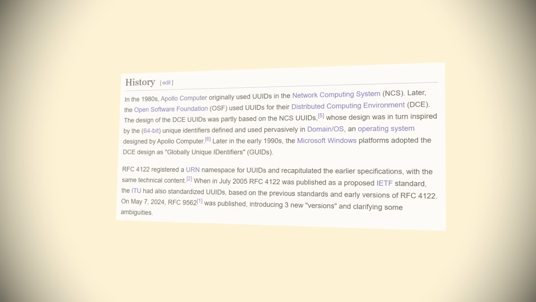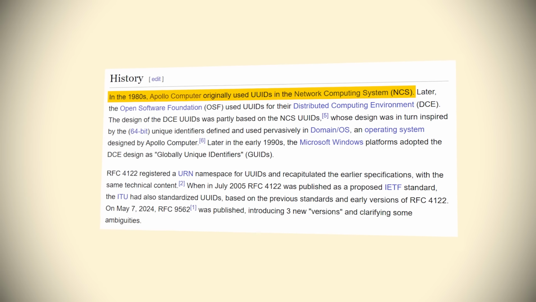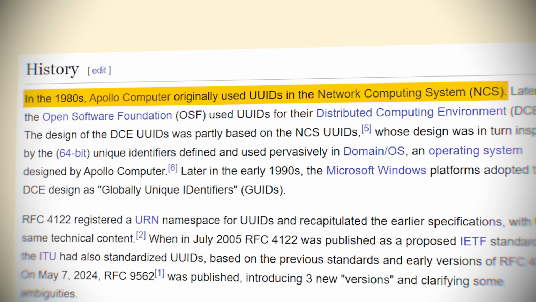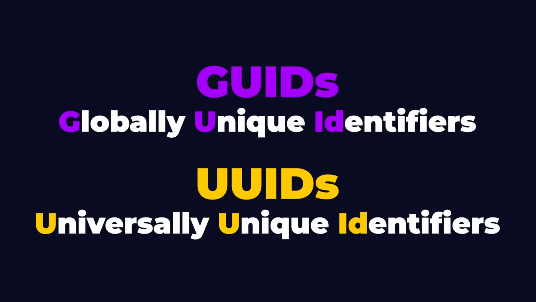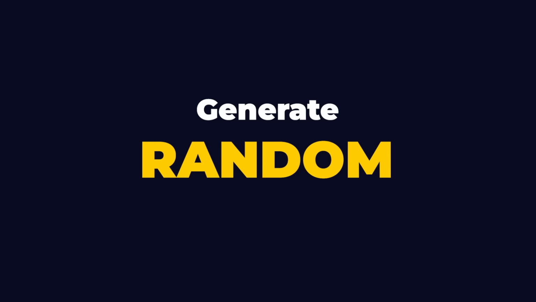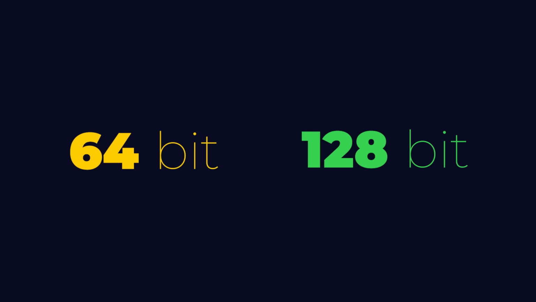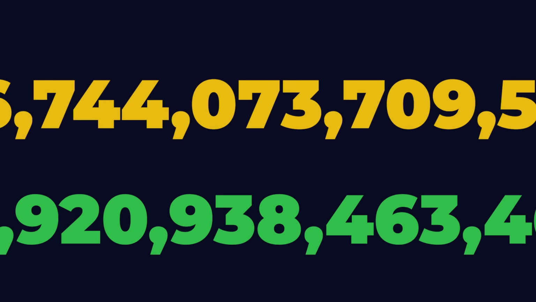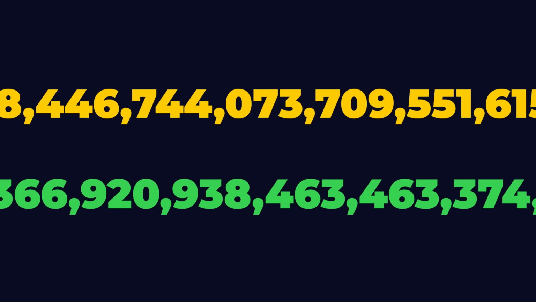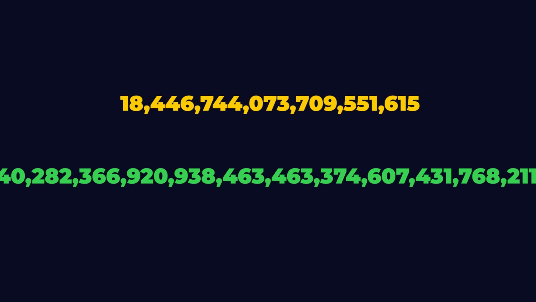The solution to this problem dates back to the 1980s, where GUIDs were originally used by the Apollo computer in the network computing system. GUIDs, or UIDs, it's the same thing, just generate a random 64 or 128-bit number.